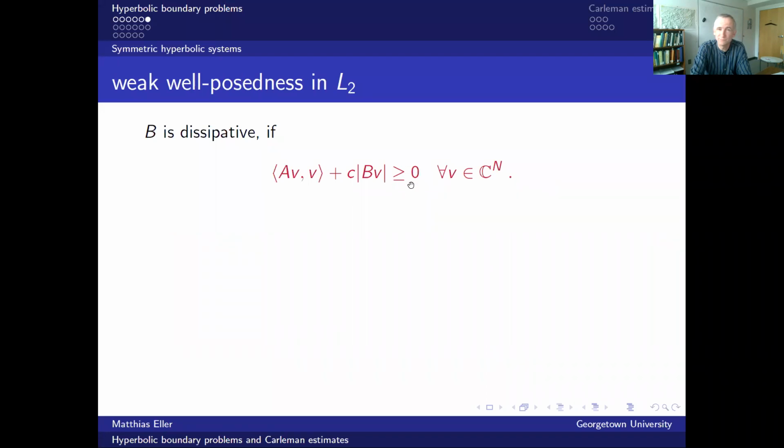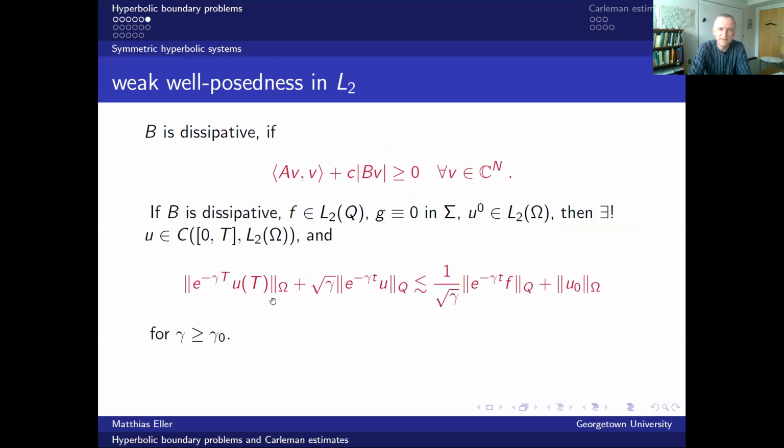If I just say the sum should be non-negative, there is a square missing here, there should be b squared. And then I also get what they often call weak well-posedness, because I cannot say anything about the boundary traces then. So the estimate is a little weaker, and also the existence theorem is a little weaker, but it follows the same pattern.